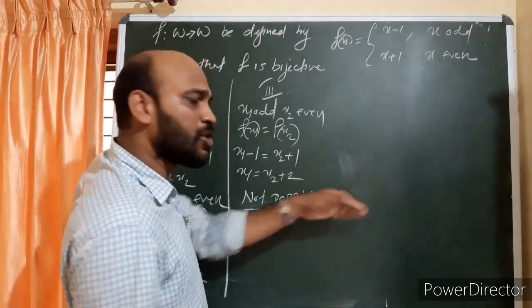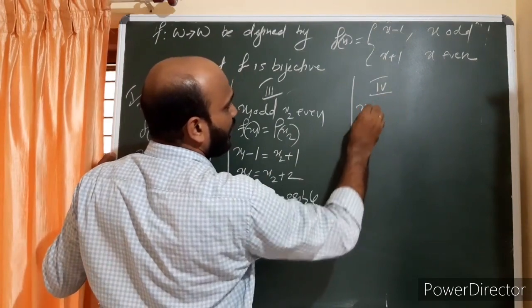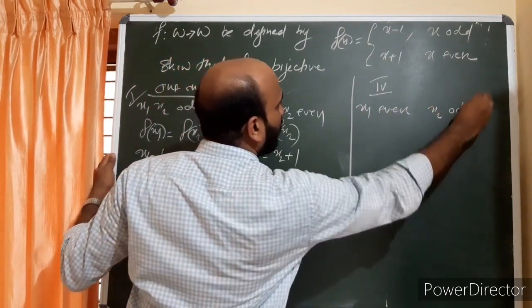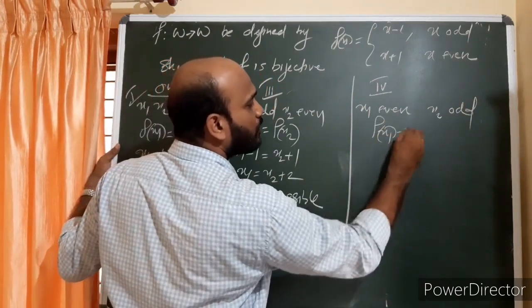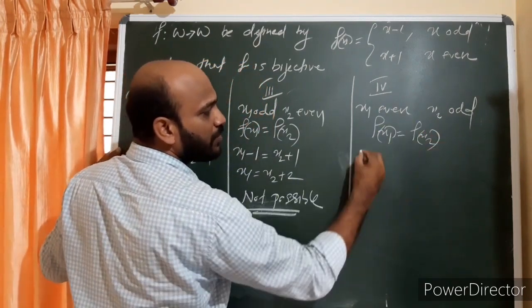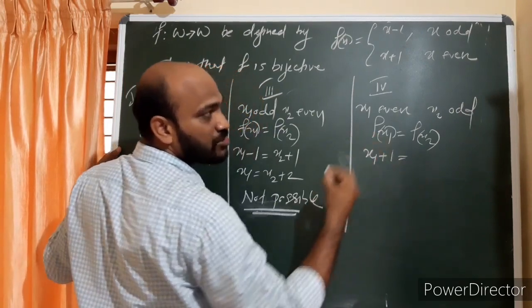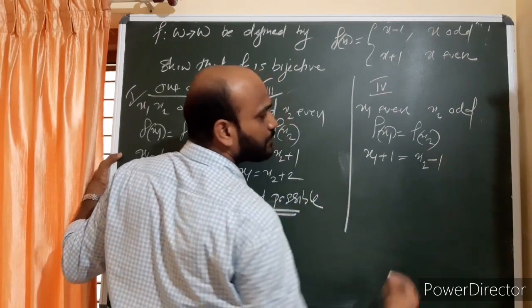Now case 4 also we can check. Case 4: x1 even, x2 odd, such that f of x1 equal to f of x2. Since x1 is even, f of x1 will be x1 plus 1. Since x2 is odd, f of x2 will be x2 minus 1.